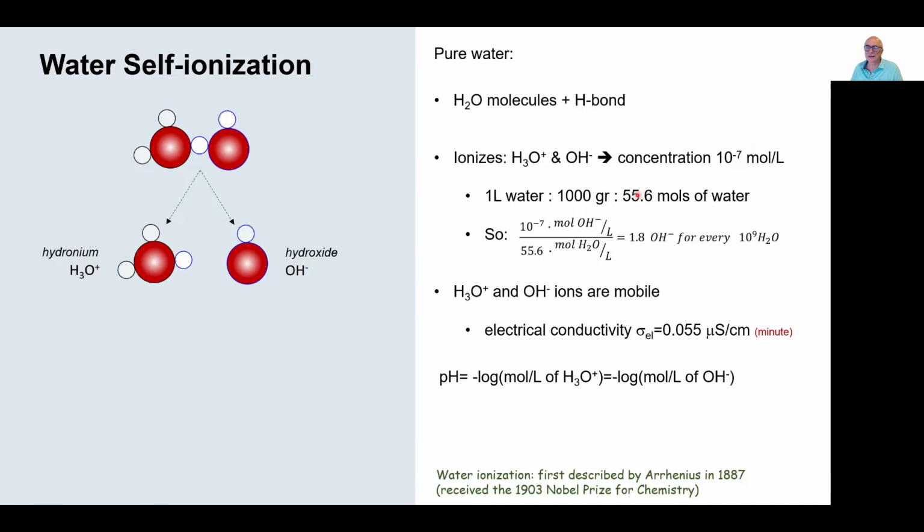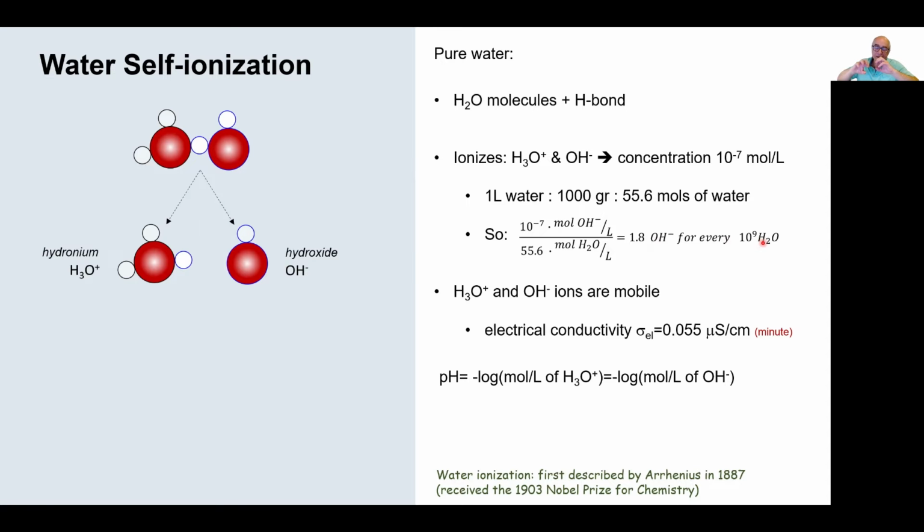Now remember that in a liter we have approximately 55 moles of water, and so if I divide numerator and denominator, then we get about 2 hydroxides for every billion molecules of water. Very, very small. But still, in an electric field, they can migrate.